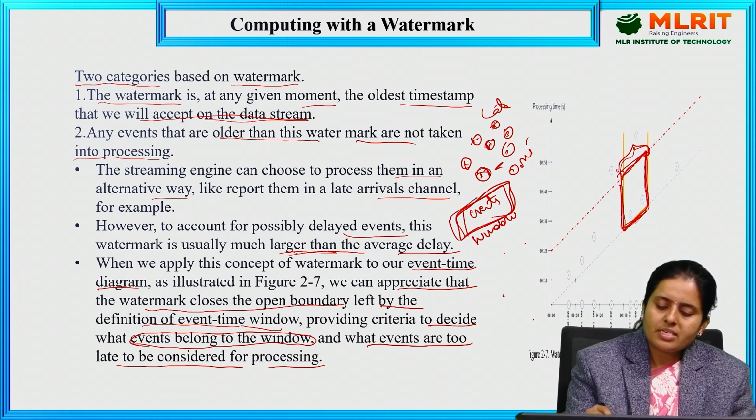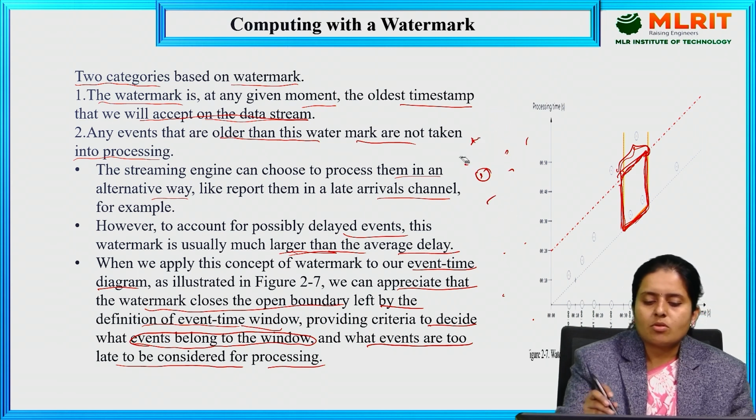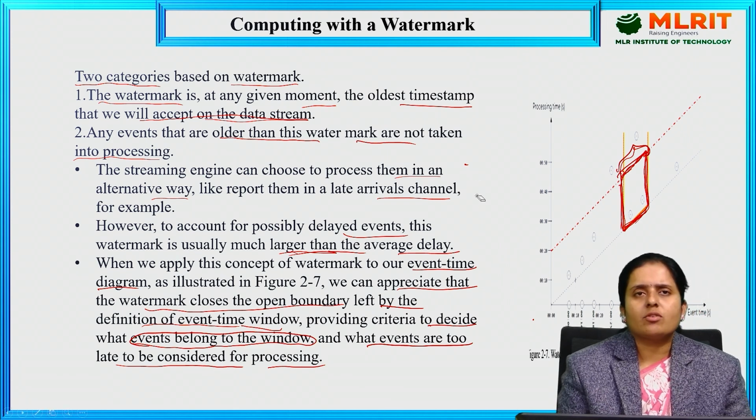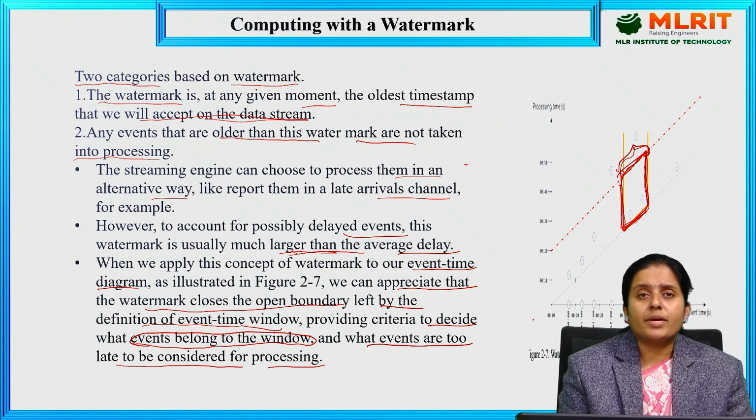So we can differentiate between processed events and unprocessed events by using the watermark concept. This is all about processing of streaming data with respect to time, and how we can calculate using event time, processing time and the timeline with respect to both.